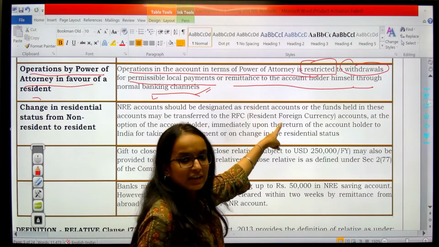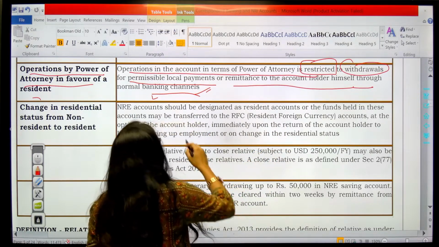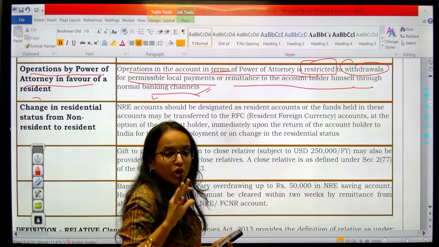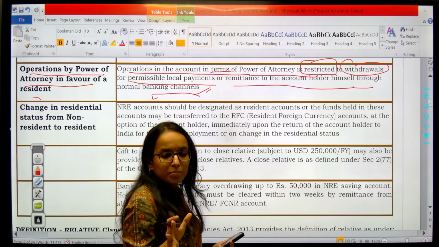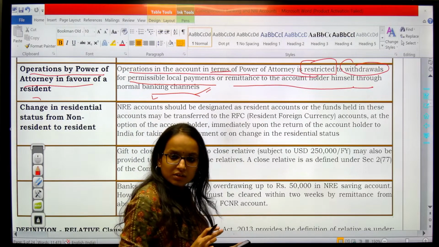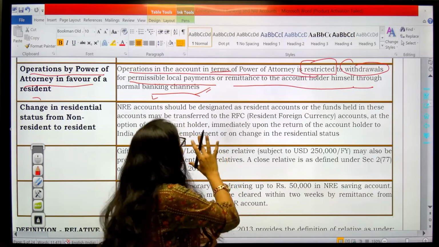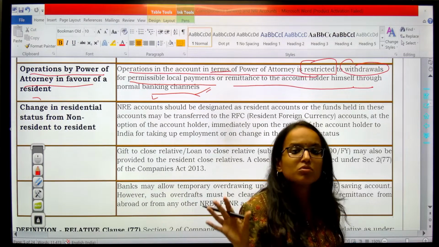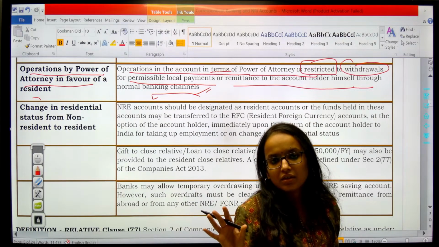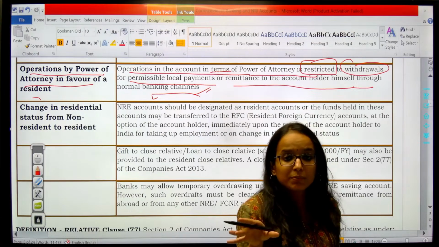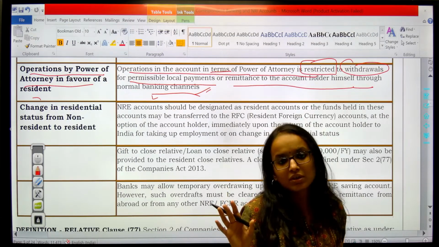So it is very clearly specified what operations you can do as a power of attorney. You can withdraw money for permissible local payments, only local payments, not any payment to outside India. That too has to be permissible as per the regulations or guidelines.